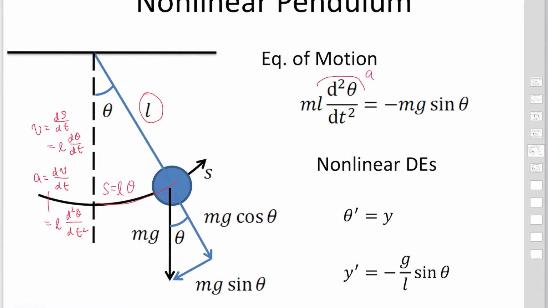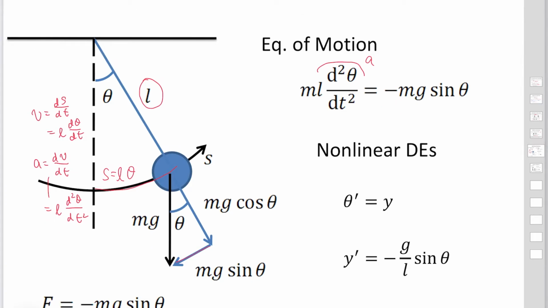The forces acting on this object are the tension force and gravity. But gravity is the only important quantity to change the speed of the object attached to the string. The gravitational force acting on this object in the direction perpendicular to the string is minus mg sine theta.